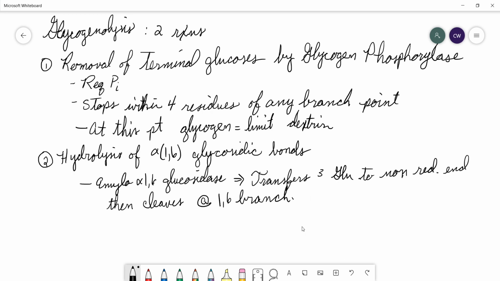Okay. In terms of regulation, we have our usual suspects, okay? Insulin, glucagon, epinephrine, right?